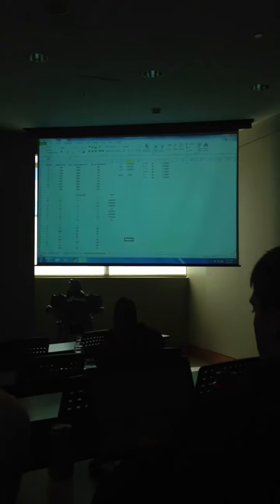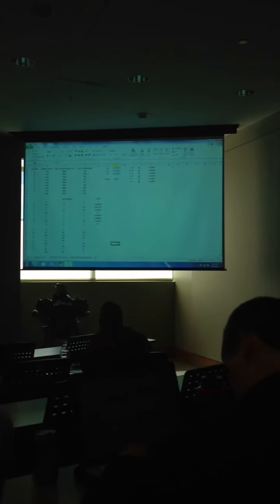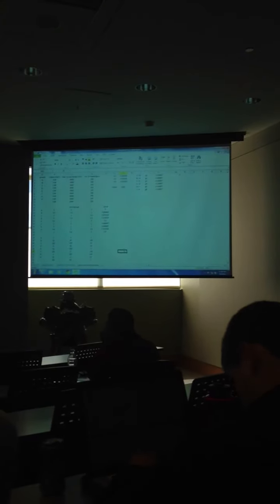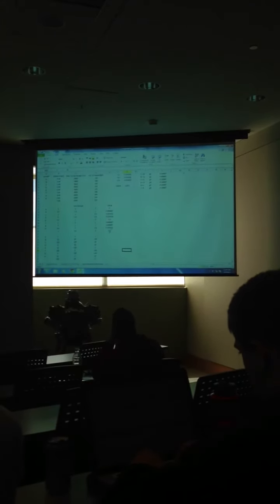Okay, so now we have the value times the strength of preference information. What we can do is get a value for the value, right?